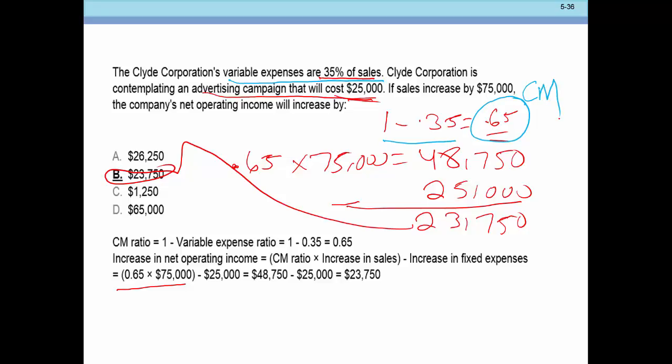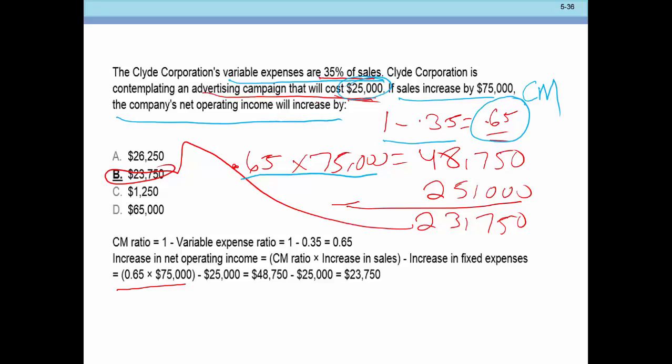Okay, and once I realize that, they tell me what? They say if sales increase by 75,000, what will be the increase in my operating income if my fixed expenses are... where did they give me the fixed expenses? Oh, okay, good.